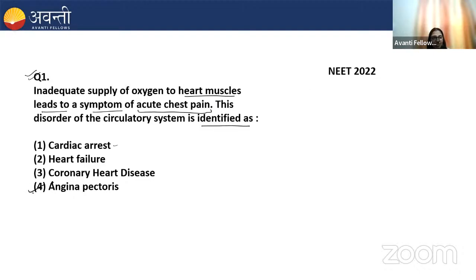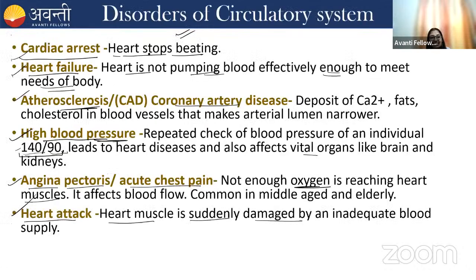Yes, so the correct option is angina pectoris. Cardiac arrest is when the heartbeat stops, a complete stoppage of the heart. Coronary heart disease is when there is a deposition of calcium, cholesterol, fat, and fibrous proteins in the blood vessels, because of which the arterial lumen narrows.